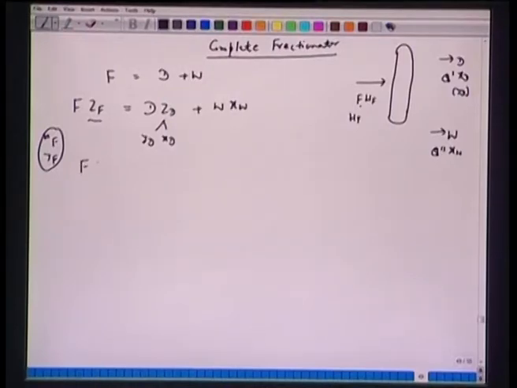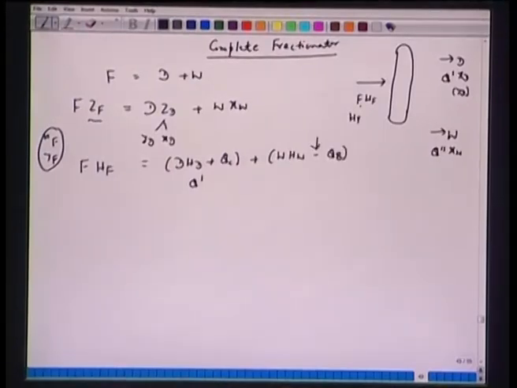We can also write F HF, the total energy in, is total energy out: D HD plus QC, which we call Q dash, plus W HW minus QB.